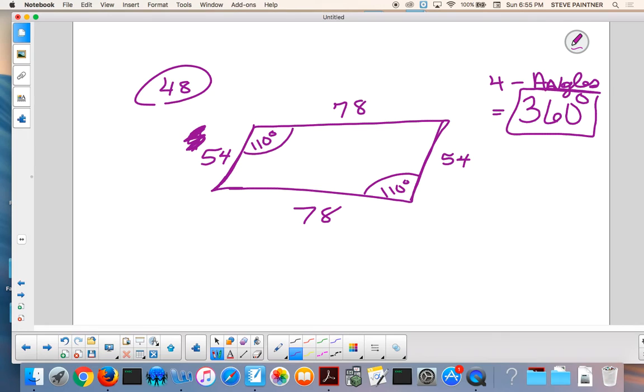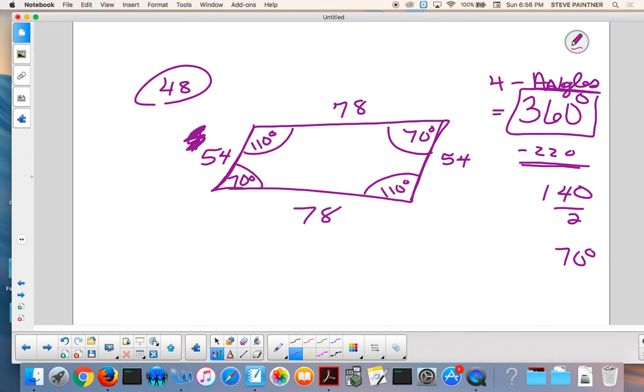So if that's true, then what's left for this and this? Well, we've already used up 220. So what's left would be 140, okay? And then there's 2 of them, so we'll divide by 2. So each one is what? 70. I believe that is where we're at. 70, right? Okay.